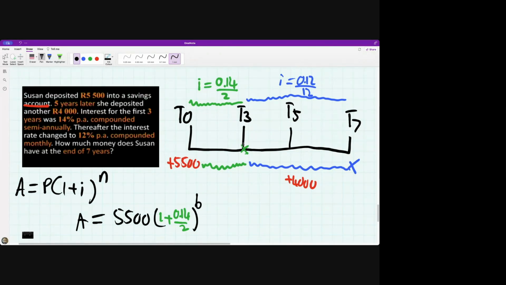Okay, but now I've only grown to here. I have to grow for 4 more years. So I'm going to pretend this is my initial input. And I'm going to go 1 plus 0.12 over 12. What is the number at the end here going to be?